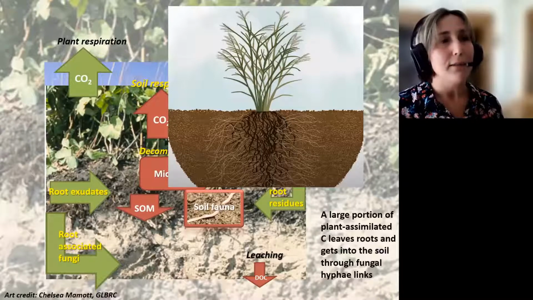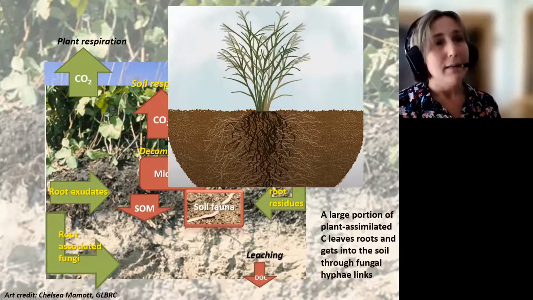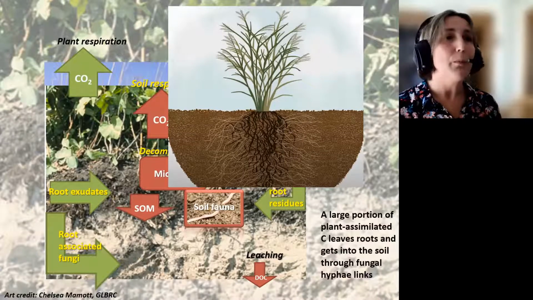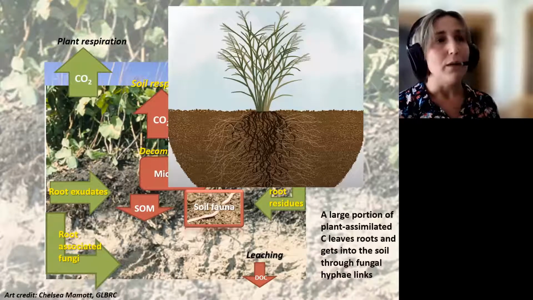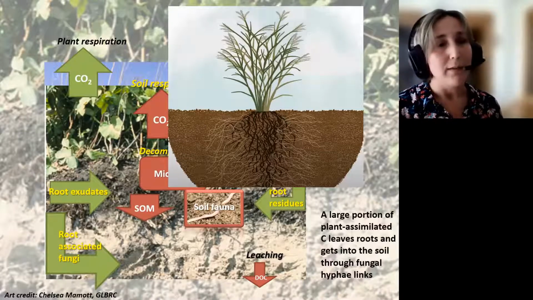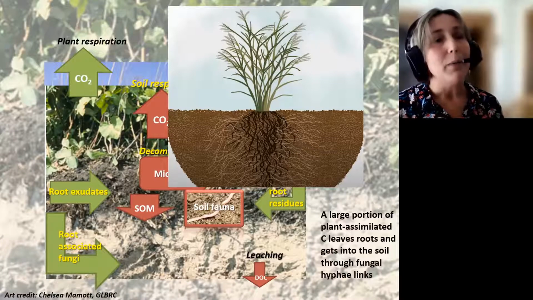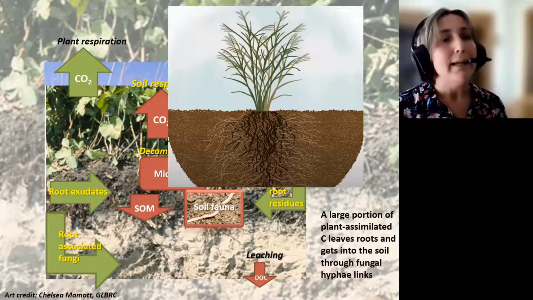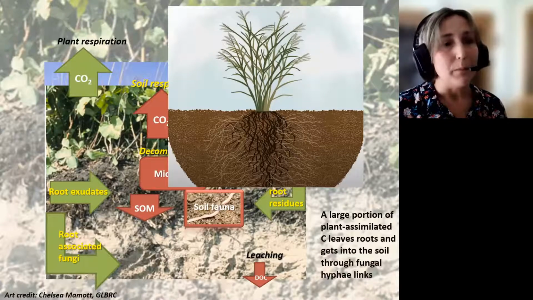So mycorrhizal associations between plant roots and fungal hyphae serve as the routes for carbon to go from the plant into the fungi and end up in the soil as fungi decompose there or pass it on to other microorganisms. It is, again, something that we cannot see, but this mechanism plays an important role in carbon input and soil organic matter building.